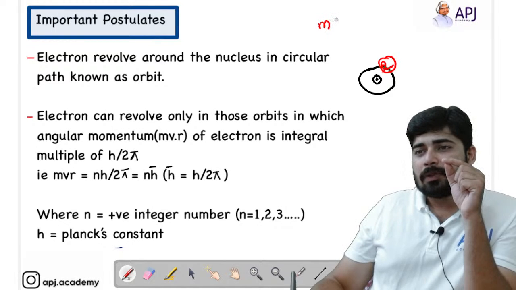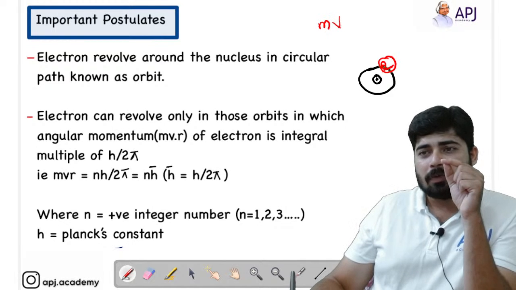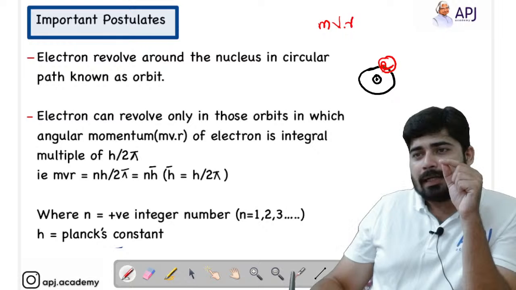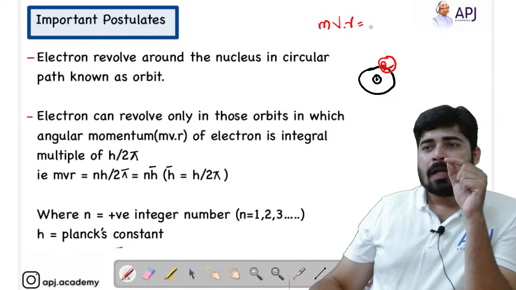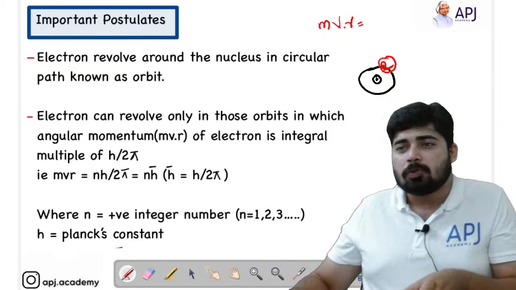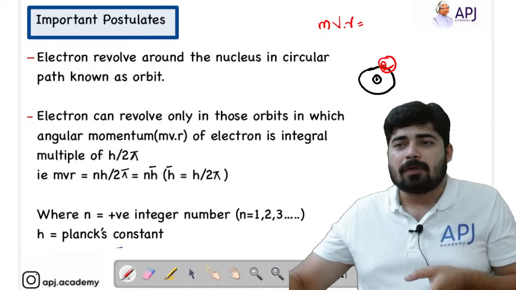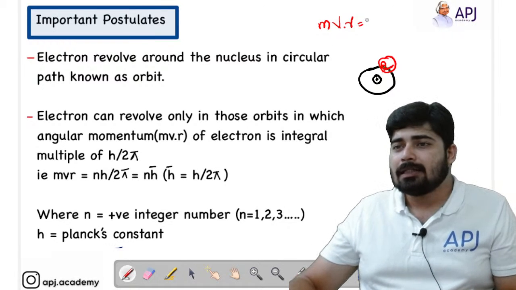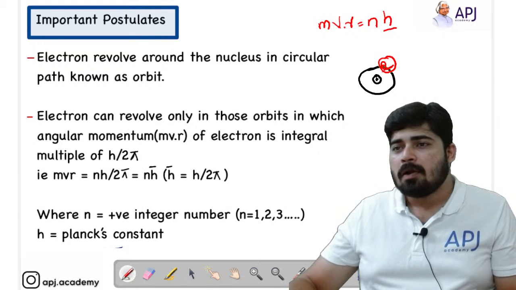Linear momentum into radius. Linear momentum is mass into velocity, and into radius will give you angular momentum, and this angular momentum should be an integral multiple of h by 2 pi. Integral multiple means it should be a whole number or an integer of h by 2 pi.